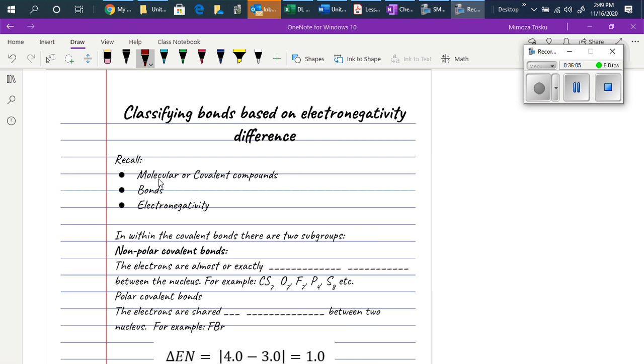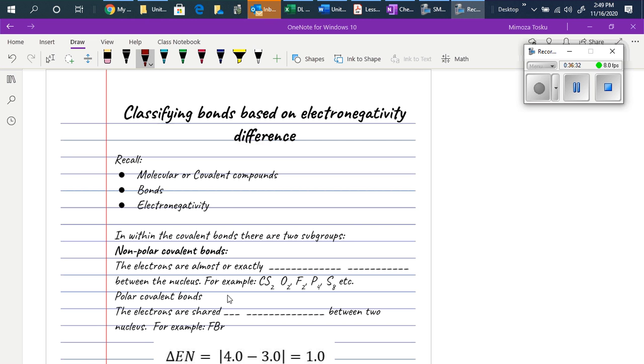Okay, recall here what we have said about molecular or covalent compounds. What are bonds and what is the electronegativity? Molecular or covalent compounds are where the electrons are shared between two atoms, but in some cases they are not equally shared, and in some cases they are equally shared.